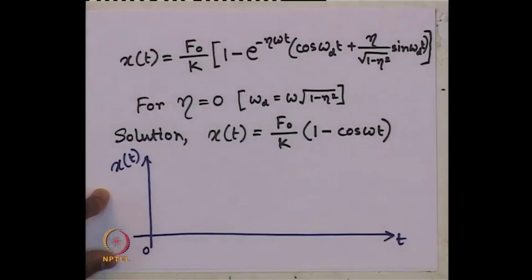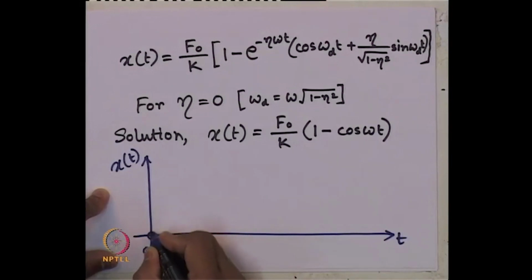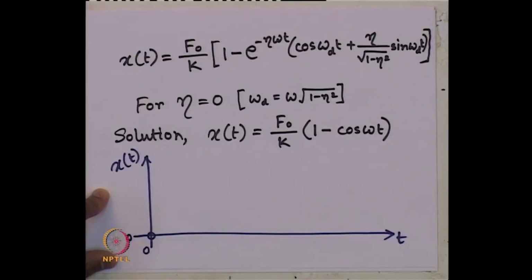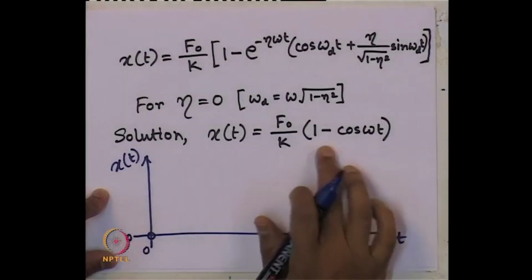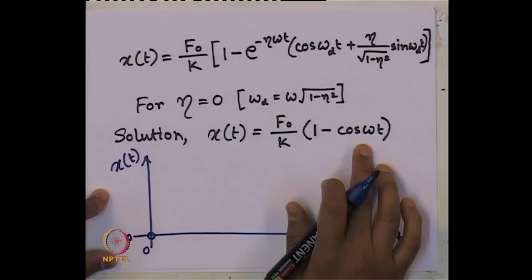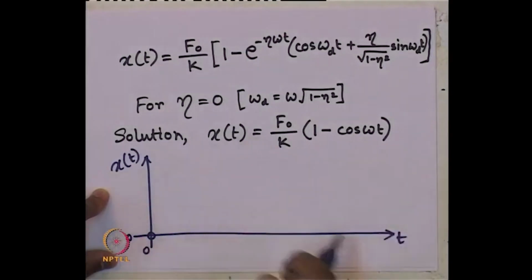It is 1 minus 1, so the value is 0. So, it should start from this point 0, 0. Okay. Let us see the variation of 1 minus cosine omega t. A cos function starting from 0, a harmonic function, is oscillating about which line? What is the maximum value and what is the minimum value?